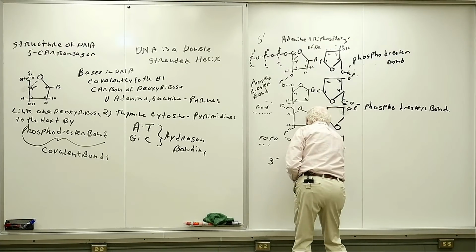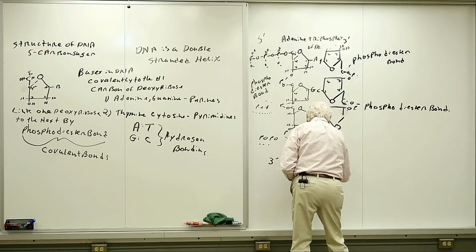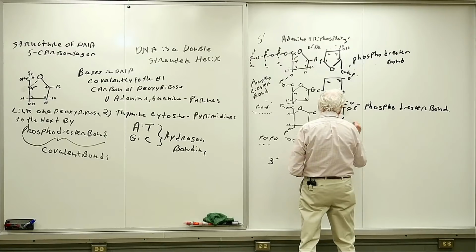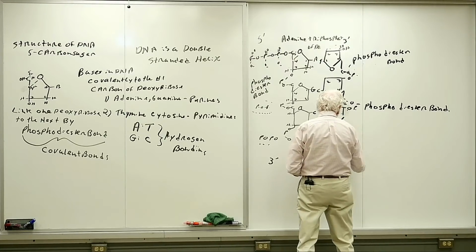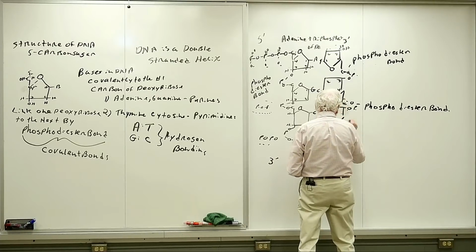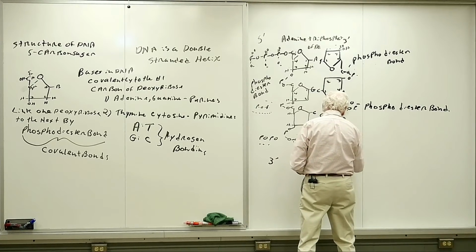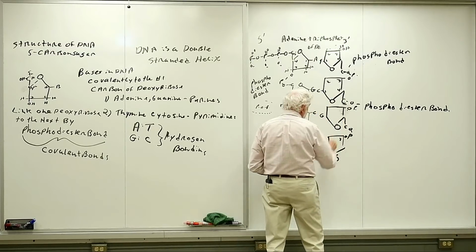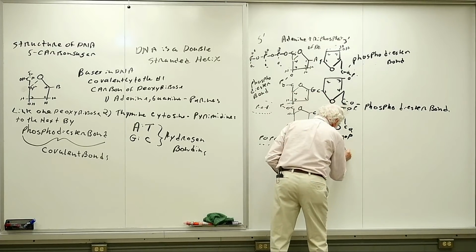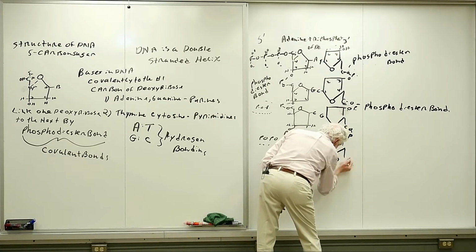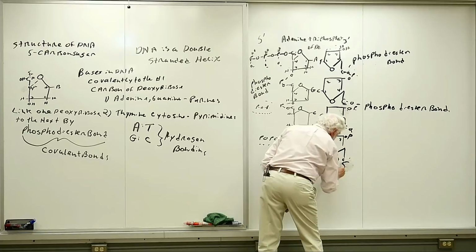So if this is a guanine, this has to be a cytosine. This is the number 3 carbon, so it's going to be linked to the number 5 carbon here by an oxygen to a phosphorus to an oxygen bond. That's our phosphodiester linkage. We can do this over and over again. And now, if we look at these molecules, this is the number 5 carbon out here.